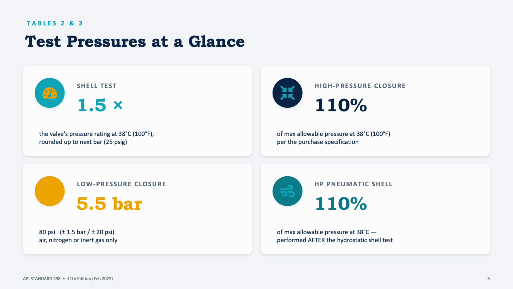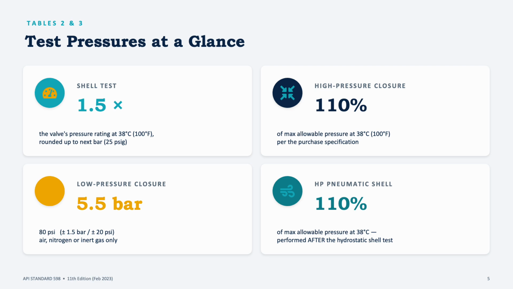Temperature must be 38 degrees centigrade or 100 degrees Fahrenheit as per purchase specification. Low pressure closure test, we perform at 5.5 bar and 80 psi, plus minus 1.5 bar or plus minus 20 psi.